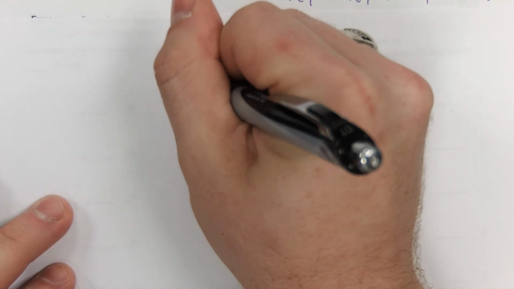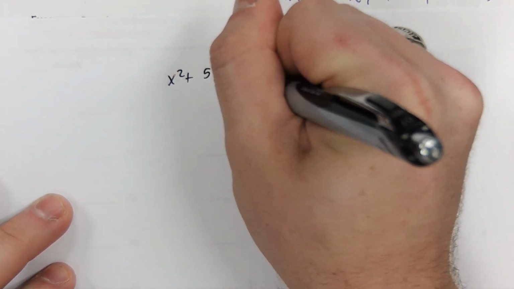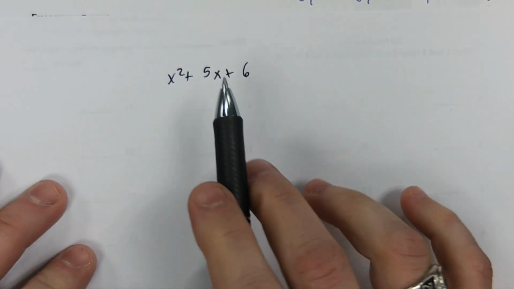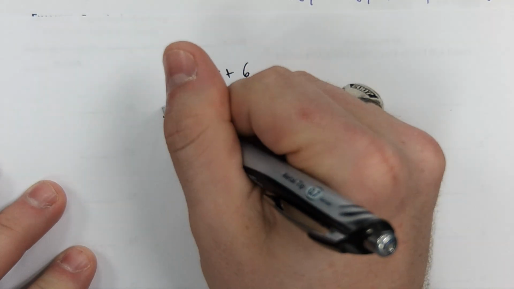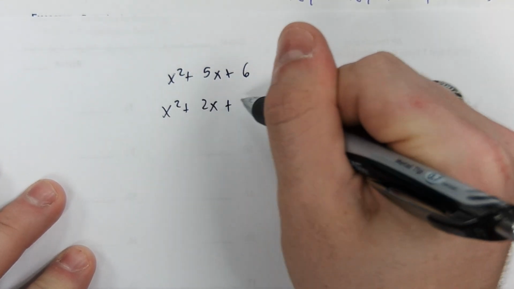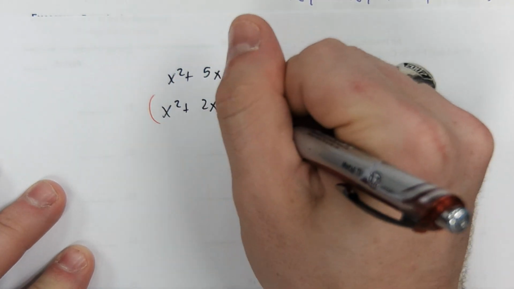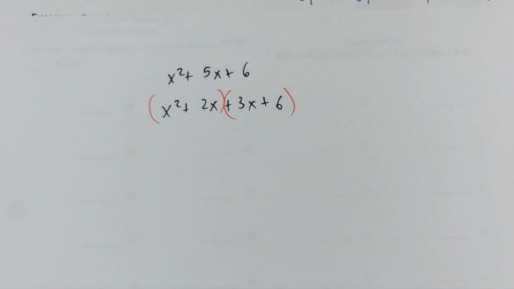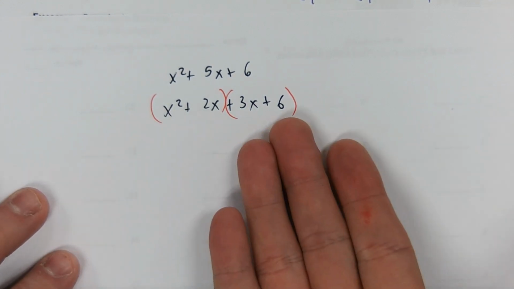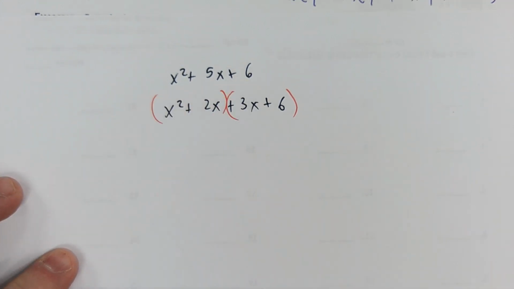When we were factoring things like this, I taught you how to identify what 2 numbers to split this into, and then we did factoring by grouping. Do you all remember doing that with me? Okay. Well, that was using factoring by grouping to factor a quadratic.